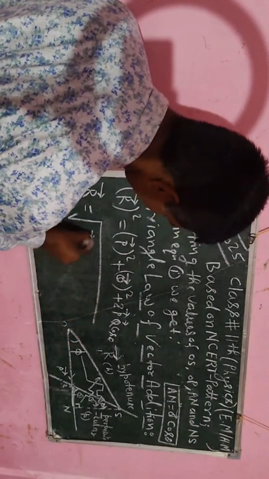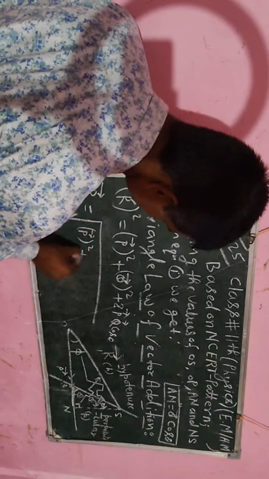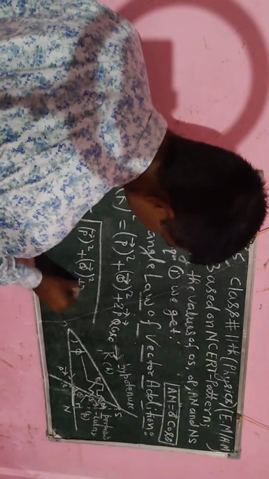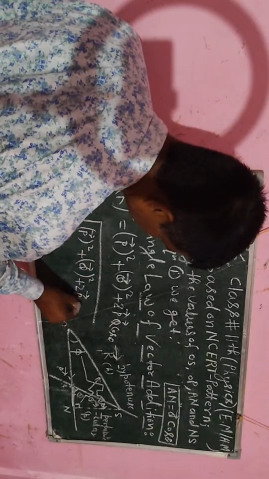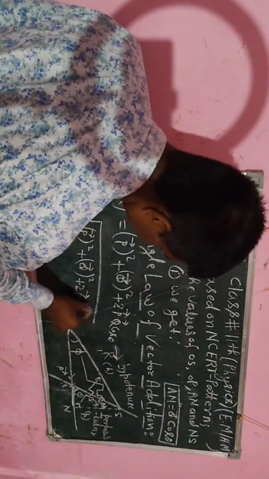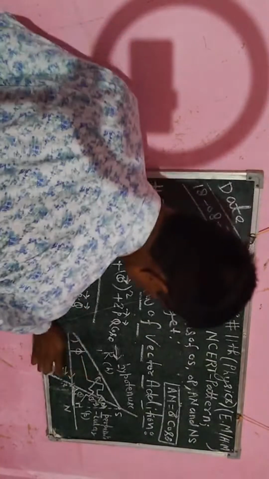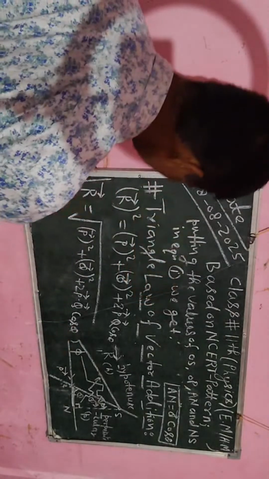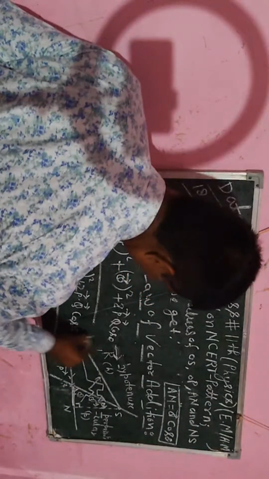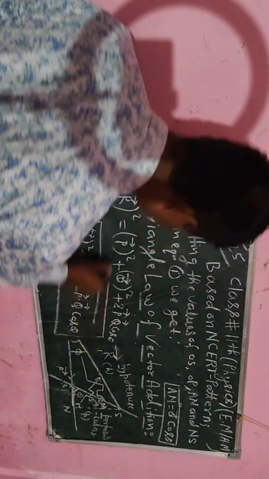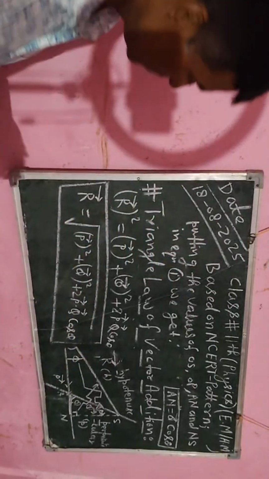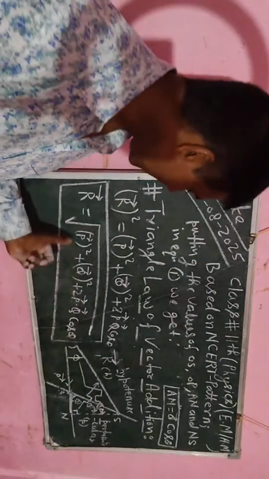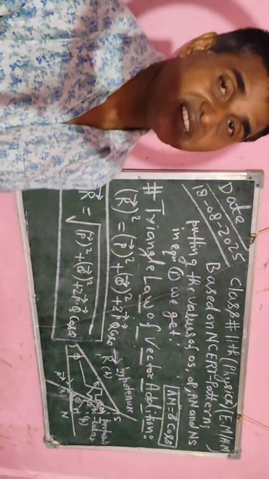So vector p square plus vector q square plus 2 vector p into vector q, and then I will put here cos theta. So this is the resultant vector of two given vectors. So if two vectors are given and the angle is given, I will use this formula for getting the resultant vector.